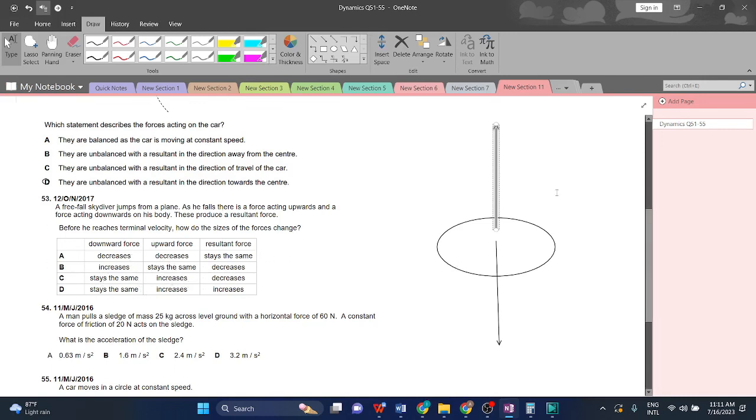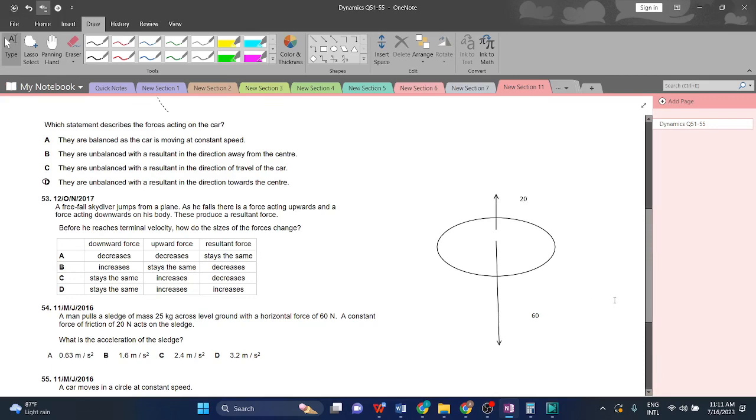और जब upward force increase होता है ना, for example, initially weight था 60, right? Initially air resistance 20, right?